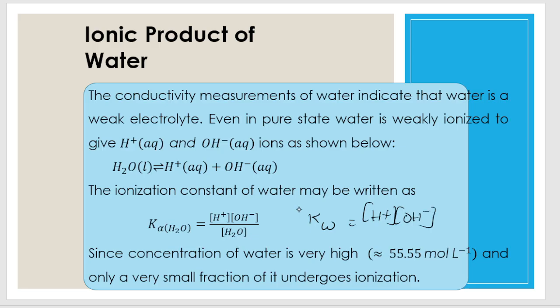How can we get the ionic product of water? Suppose we consider the dissociation of water. The ionization constant of water you can write as products by reactants.